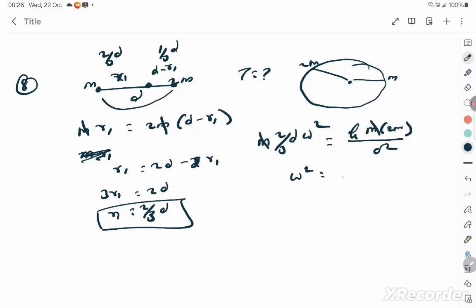So what is omega square? You get a formula which is 3G... what about this 2? It's m into 2m, over omega square times 2d by 3.